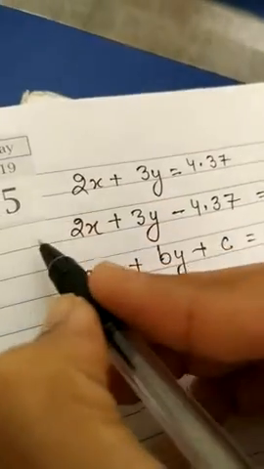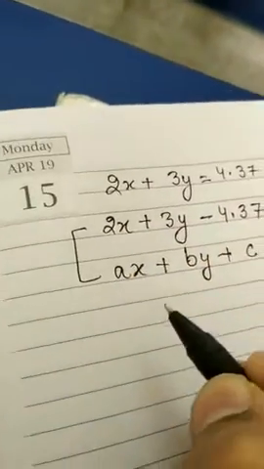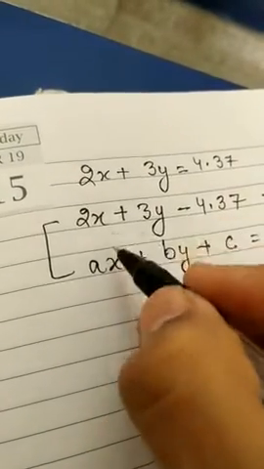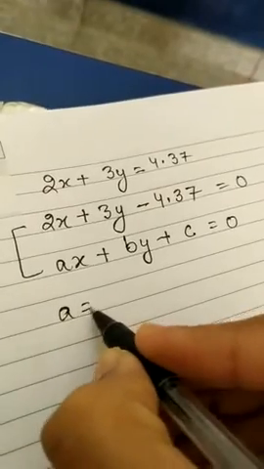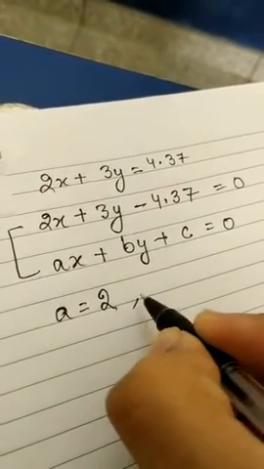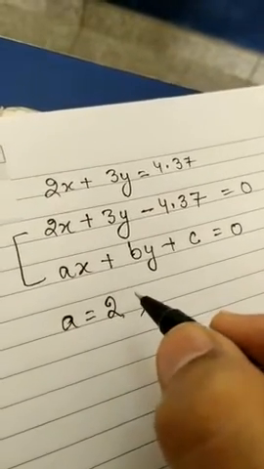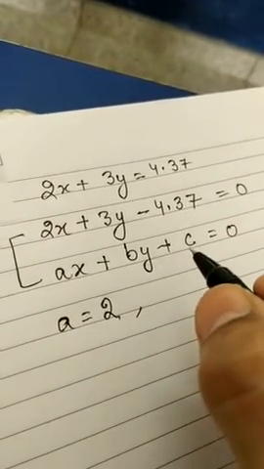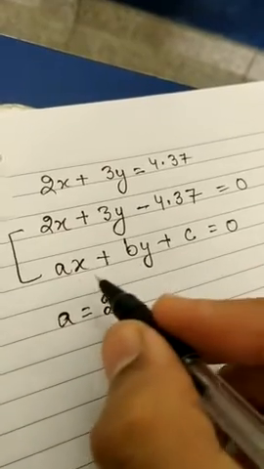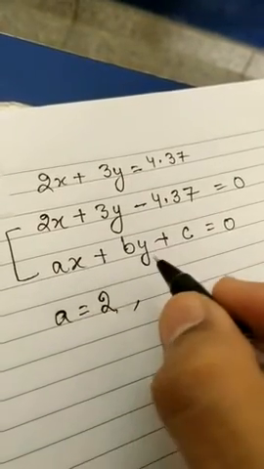Now compare these two equations. By comparing these two equations we get a is equal to 2, where a is a constant and x is a variable; b is a constant and y is a variable; and c is a constant. So that's why in this equation two variables are used.